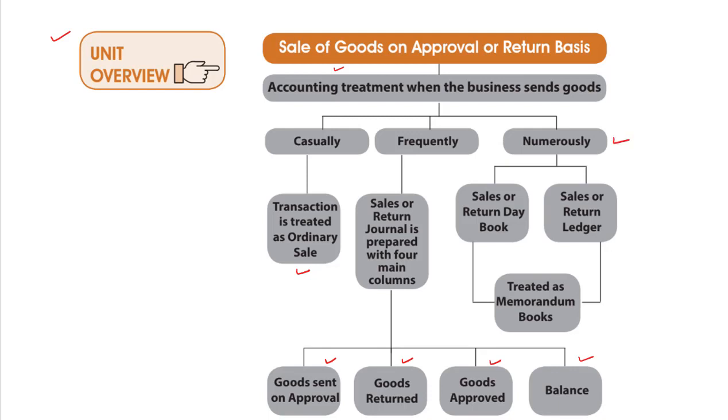If the business sends goods numerously, then a sale or return day book and a sale or return ledger are prepared. Supposing the sale or return day book is prepared for 3 months, after 3 months the ledger is prepared, treated as a memorandum book, treated as a temporary book.